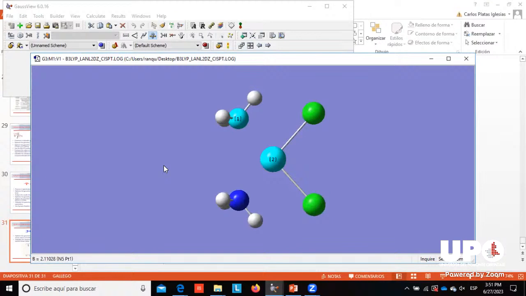There is no line drawn, but still that's a bond, right? So that's 2.1. 2.1 angstroms is a typical platinum nitrogen bond. So maybe I'm not sure if the experimental distance could be maybe 0.02 angstroms shorter or something like that, but not much shorter, all right?